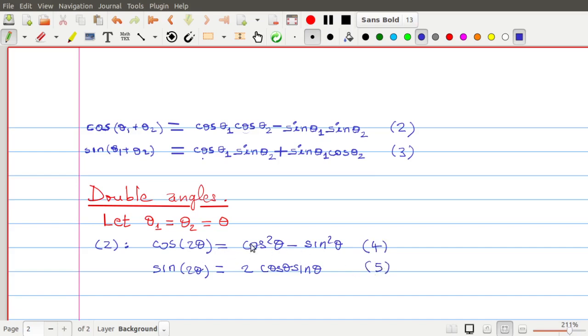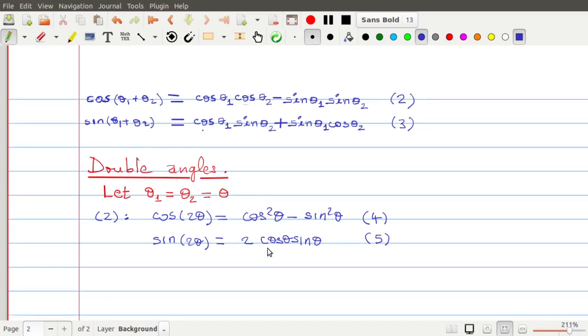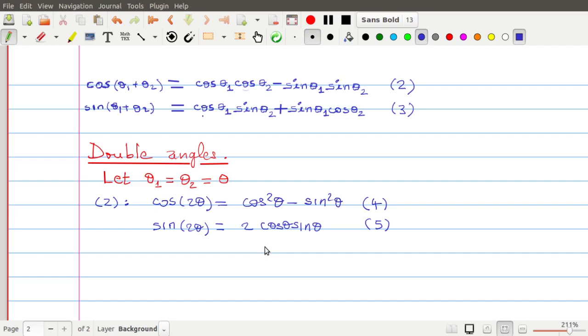So now you can see that from this we can obtain a form of linearization. Let's say if we have sine square or cosine square, we can compute cosine square or sine square in terms of a linear cosine.